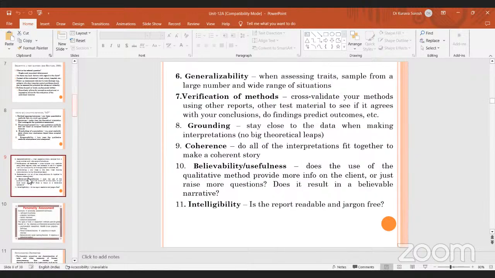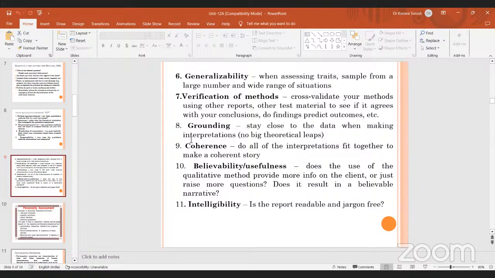General ability test, MMPI test. General ability is the assessment of tracking on a large number of variable situations. Verification methods of the test, cross-validation of the method using the report writing and materials, with and without conclusions, issues and findings, to predict outcomes.